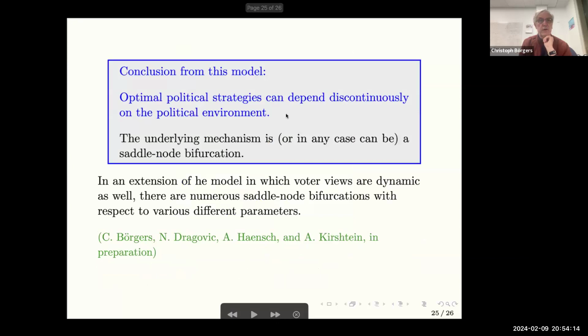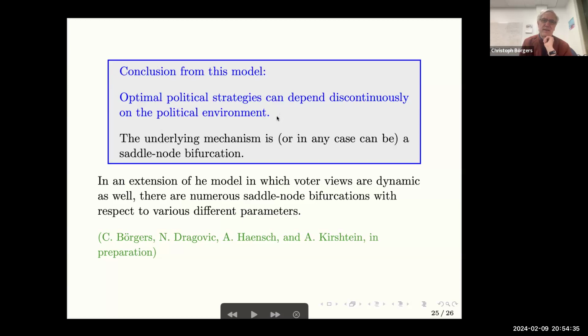That's the conclusion. The conclusion from this model is that optimal political strategies can depend discontinuously on the political environment. So I think none of this, of course, should be taken at all seriously, quantitatively. However, I think that might be a conclusion that is correct, that optimal political strategies can depend discontinuously on the political environment.